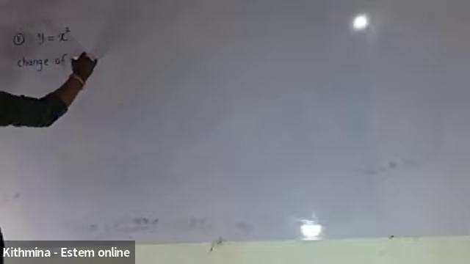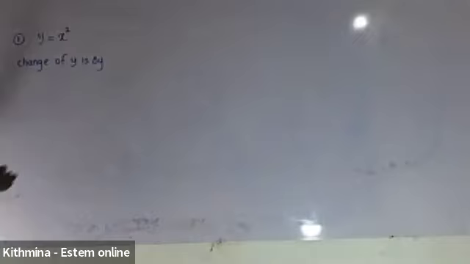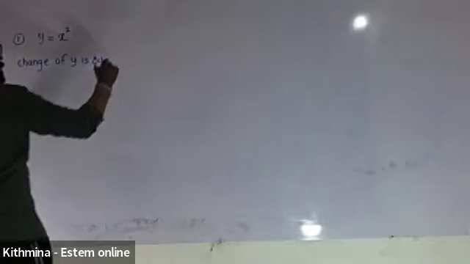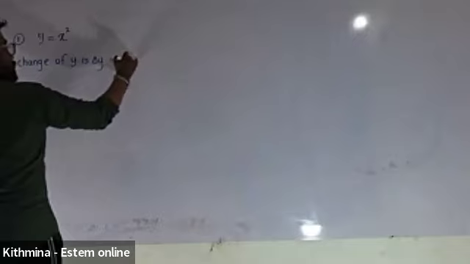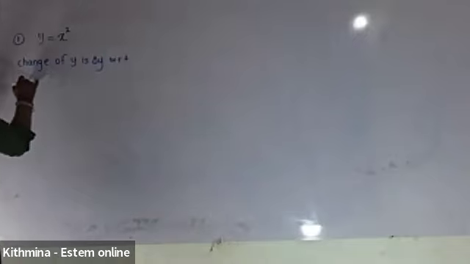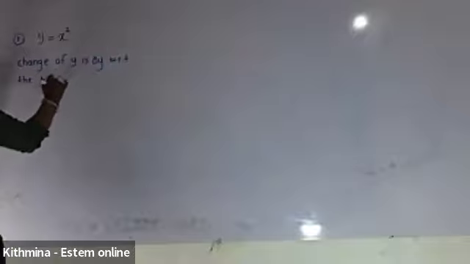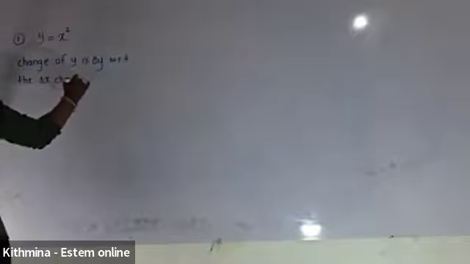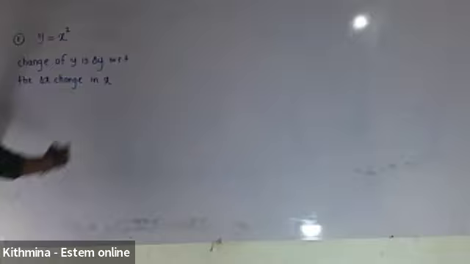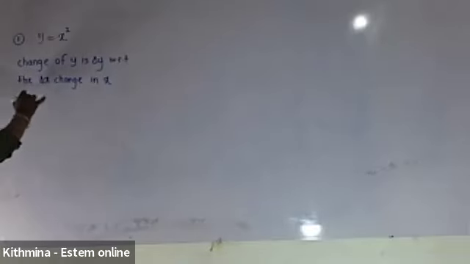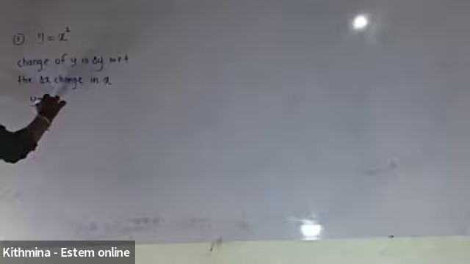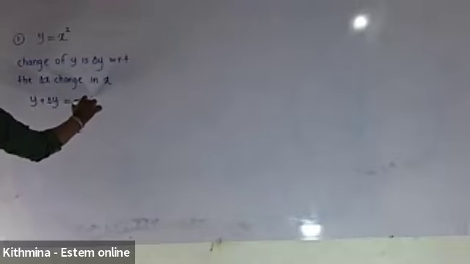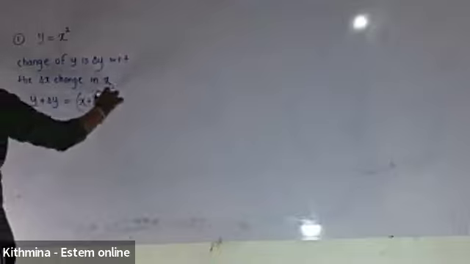First of all, you should write this. Change of y is delta y with respect to the delta x change in x. Now you can write y plus delta y equals x plus delta x entire square.